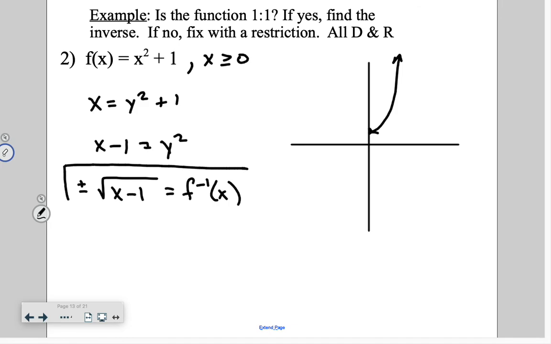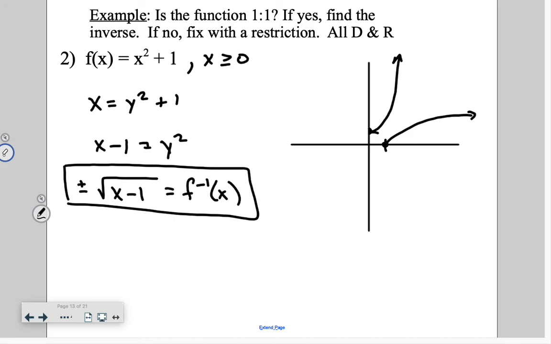Now, quick question. Let's graph this as well to see what it looks like. We've got a square root function. What does the minus 1 do to my square root function? It's 1 to the right. All right, so here we go. 1 to the right. And now, positive square root, that would look like that. Here's where the restriction comes into play.